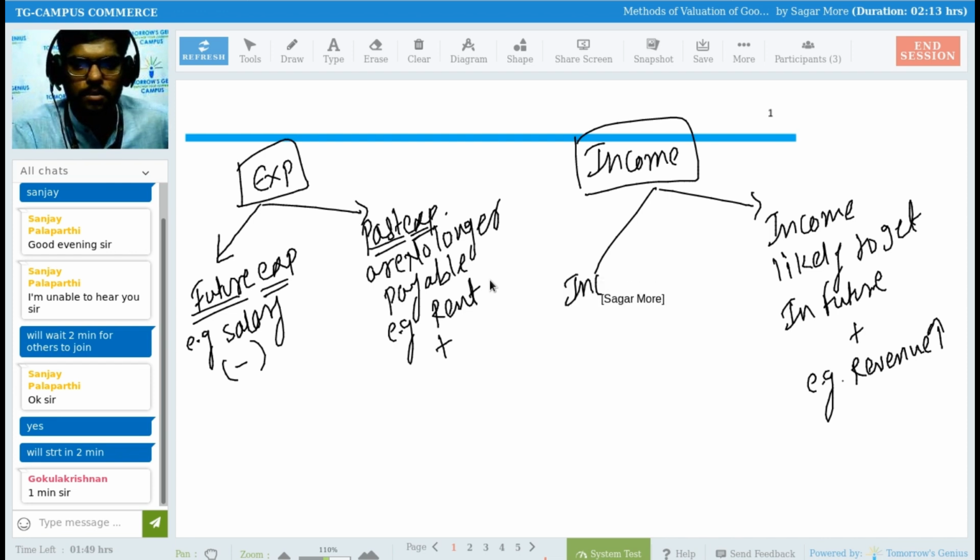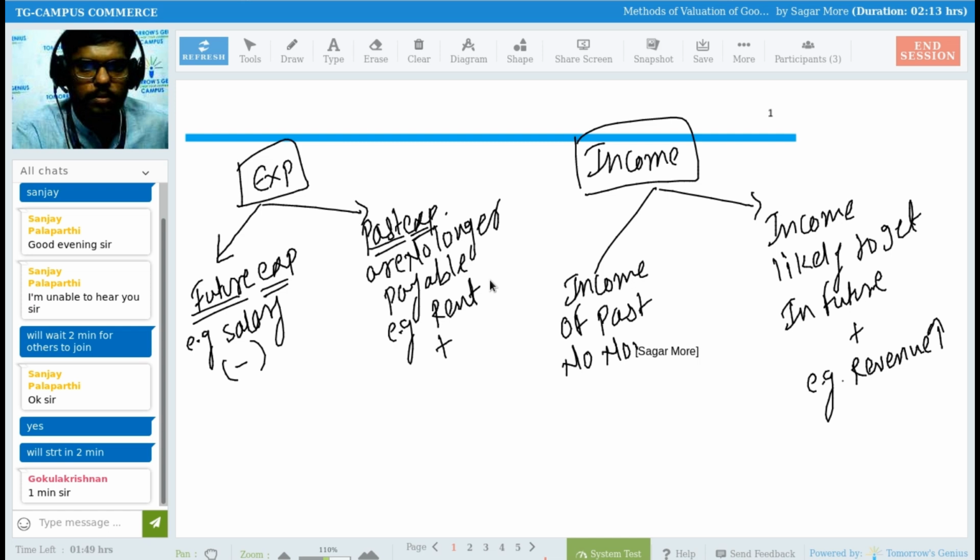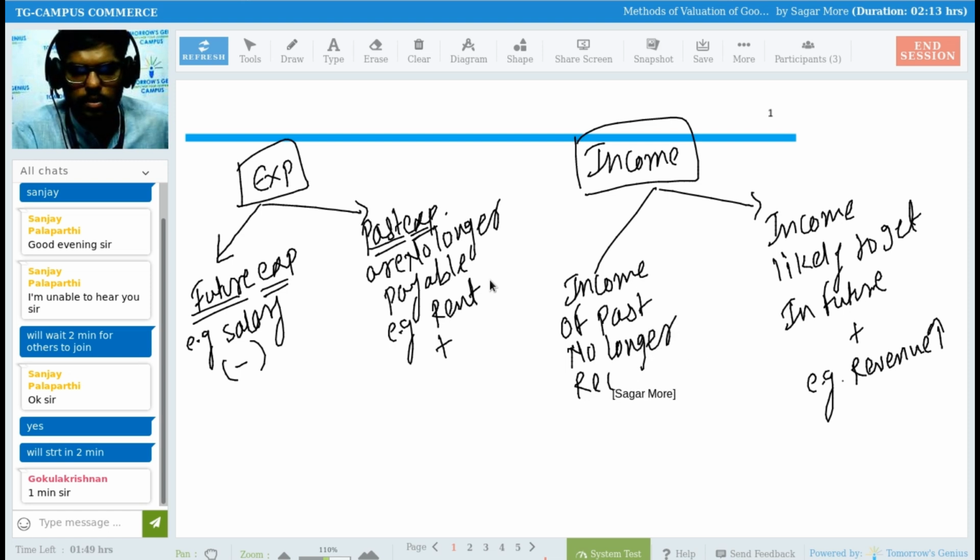So income of past no longer receivable, so that we have to subtract.